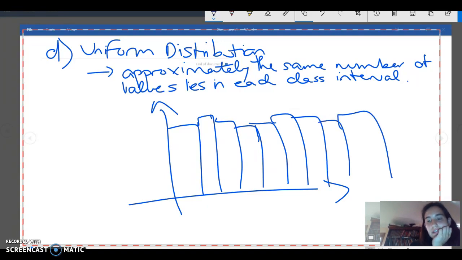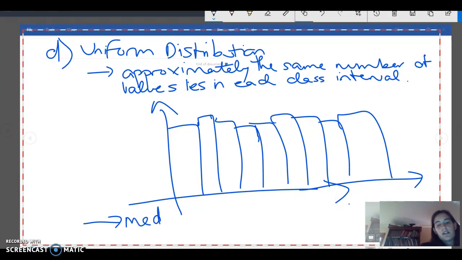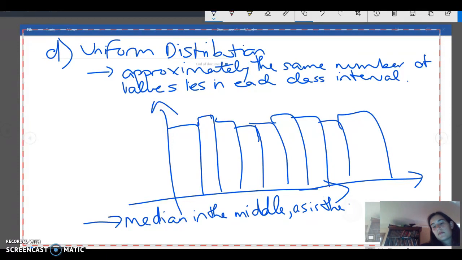Pretty much, they're all pretty much the same. That's a uniform distribution. So the median is going to be in the middle and very close to the mean. So the mean is probably going to be in the middle as well, as is the mean, or close to it.